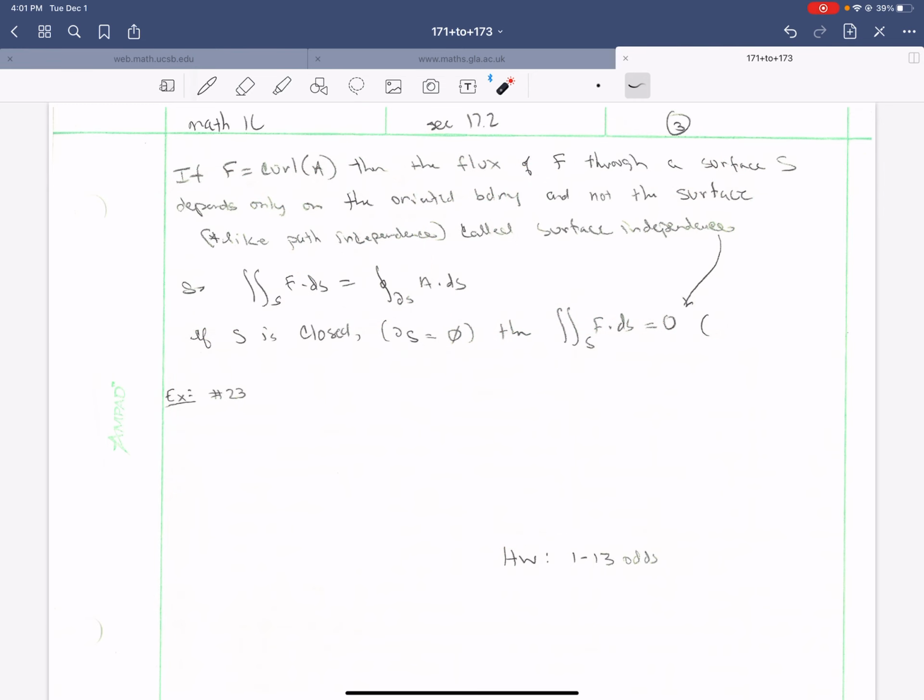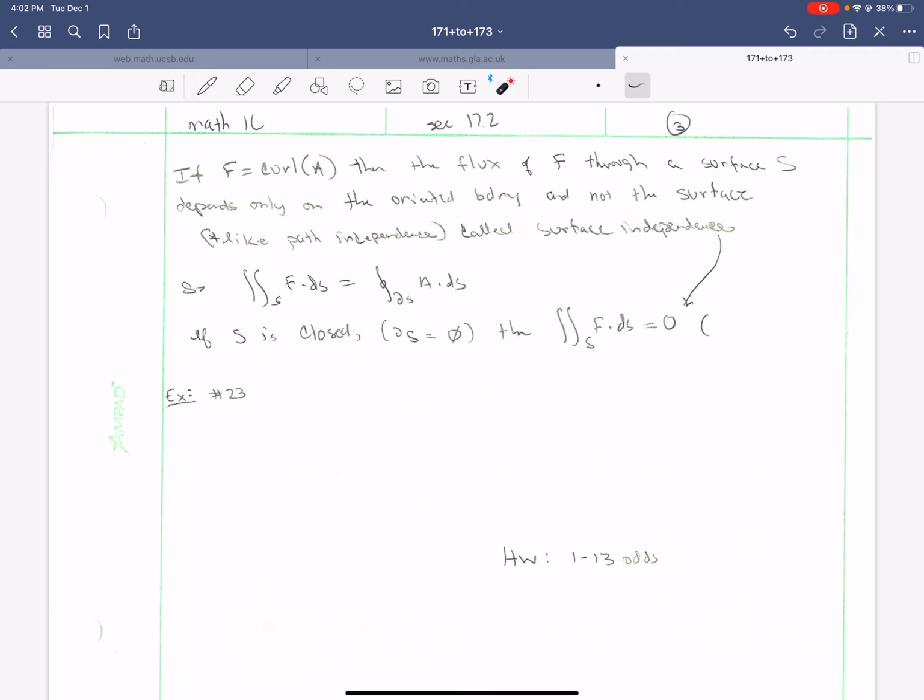As long as you started and stopped, the path you took was irrelevant, the value would be the same. If F happens to be the curl of a different vector field, that vector field is the vector potential for F, and in that case, you get surface independence.